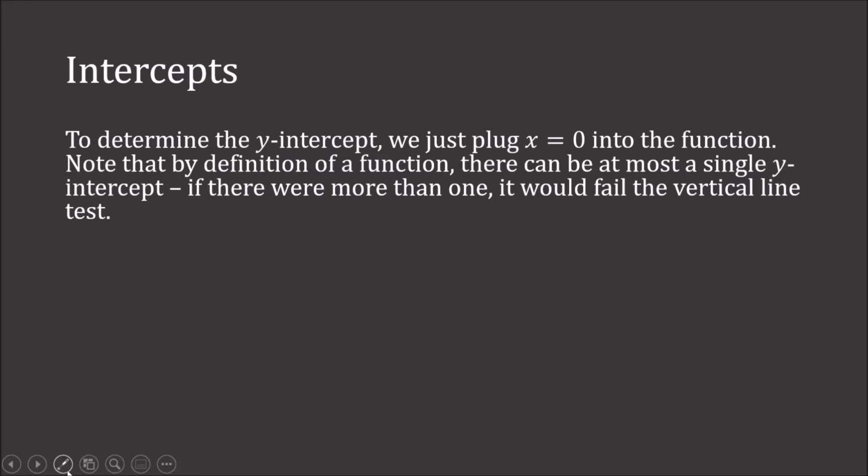To give you an example, let's look at this graph. It has two y-intercepts, but it's failing the vertical line test, which means this cannot be a function by definition. So at most, there's only a single y-intercept.